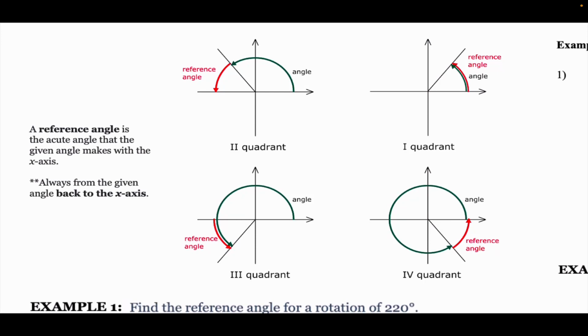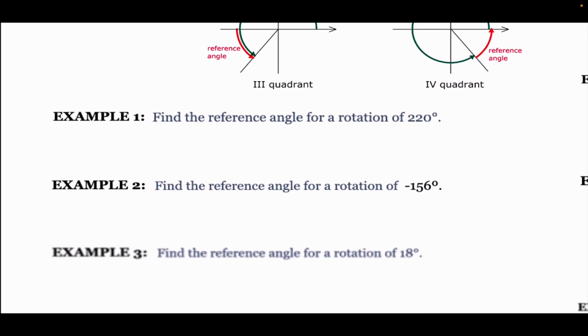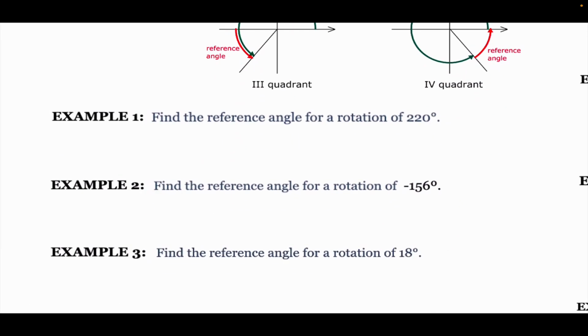Okay? So let's do the first one. Let's do number 1. 220 degrees. So first thing we got to do is figure out which quadrant it's going to be in. 1, 2, 3, or 4. Okay? So it starts at 0. It's positive, right? So we're going to go up. We're going to go this way. It's bigger than 90, bigger than 180, smaller than 270, right?